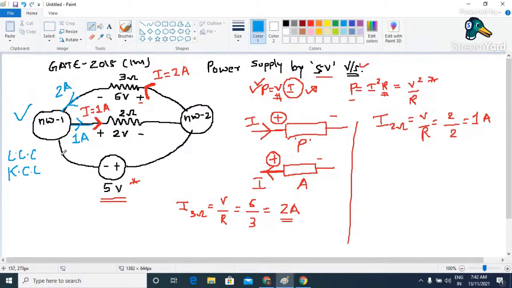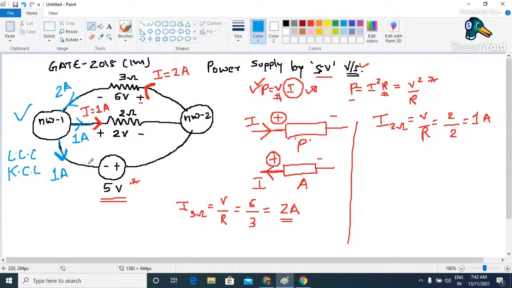So the value of current flowing through this particular circuit must be 1 ampere, because total incoming current is always going to be equal to outgoing current. So here the net incoming current is 2, out of which 1 ampere is flowing through this branch. But obviously the remaining 1 ampere has to flow through this particular branch only. I hope this is clear to everyone.